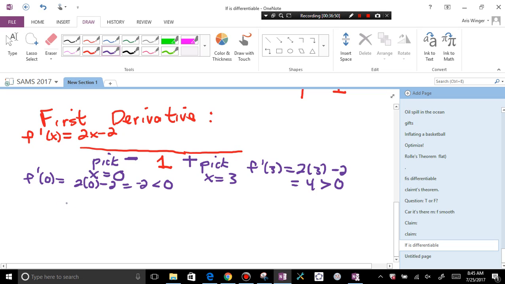So let's talk about terminology while we're here. A local minimum occurs at x equals 1.